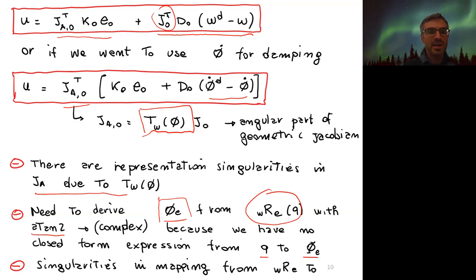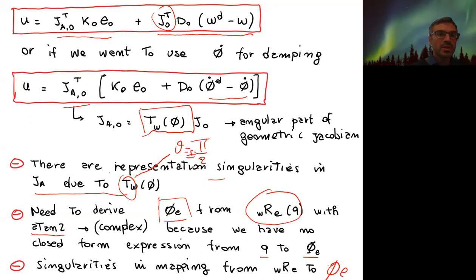The third fact is that there are singularities not only at the velocity level because of T, but also at the coordinate level between the rotation matrix and the Euler angles. In the convention that we choose, the singularities at the velocity level are the same as at the coordinate level, and are for theta equal to pi half, plus or minus. But remember that using other conventions, you could have singularities in different configurations.